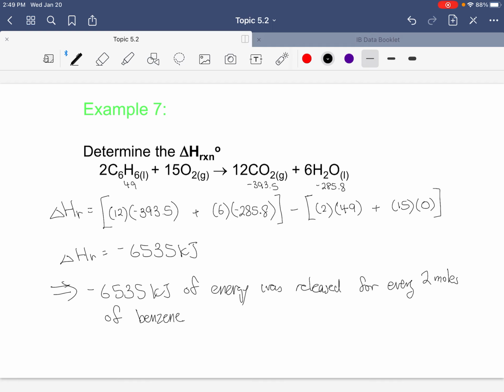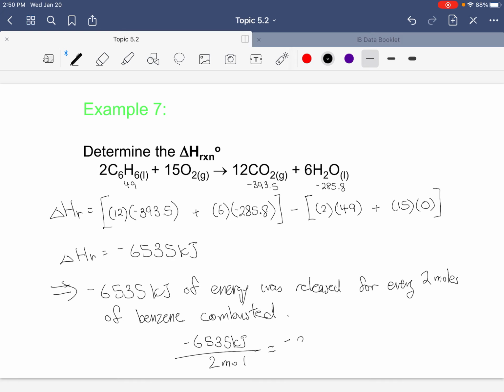So it's not like each benzene is going to yield that much. No, every 2 benzene is worth that much combusted. So if I want to find out how much 1 benzene is worth, that's pretty simple. Just take this number and divide it by 2 moles, and you'll have kilojoules per mole.